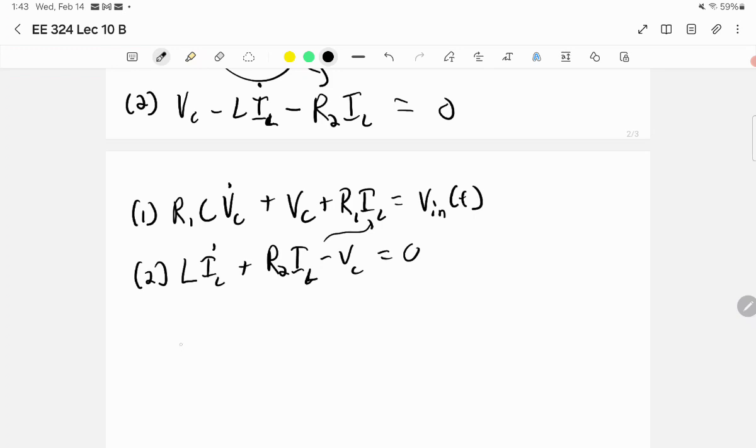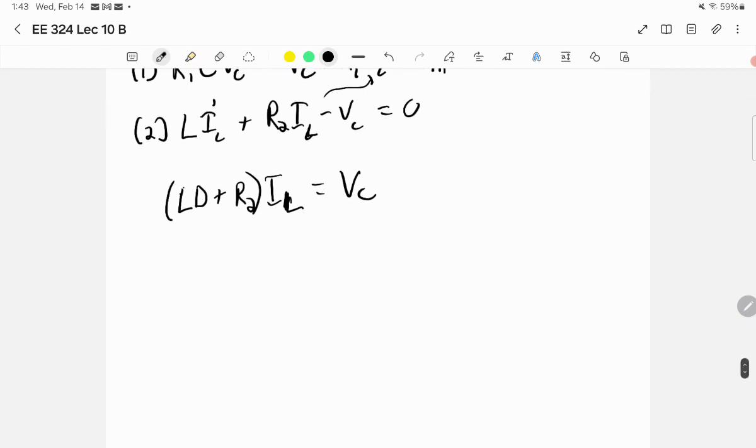We'll have L times D plus R2, all times IL, is equal to Vc, which means that IL is equal to Vc over LD plus R2.